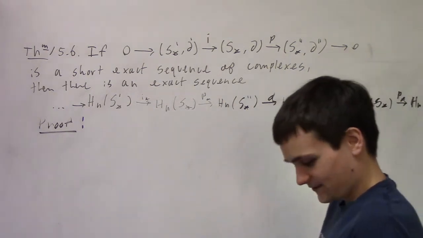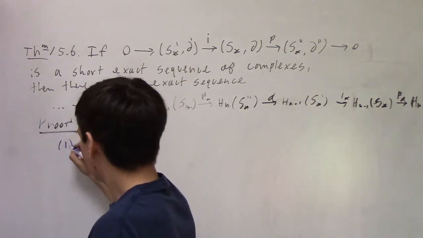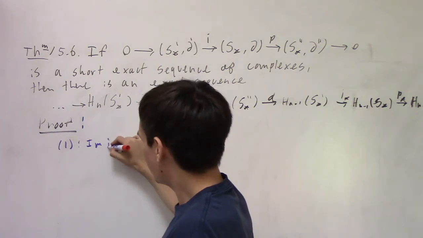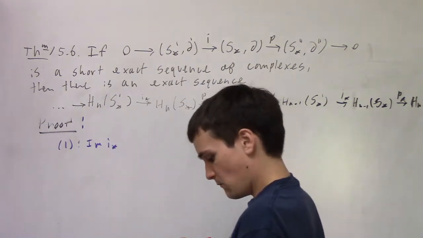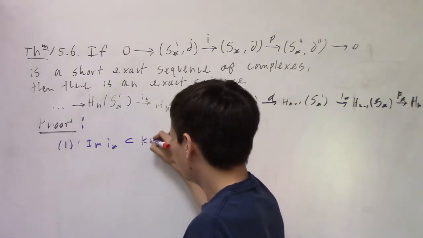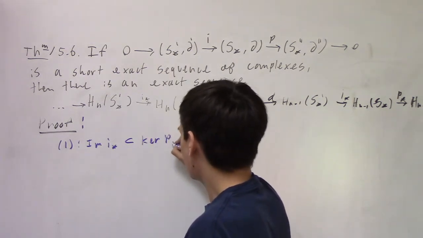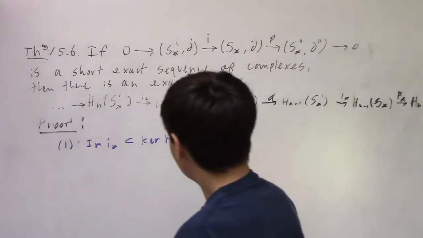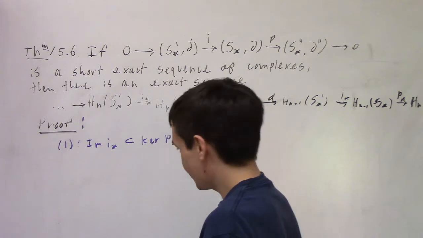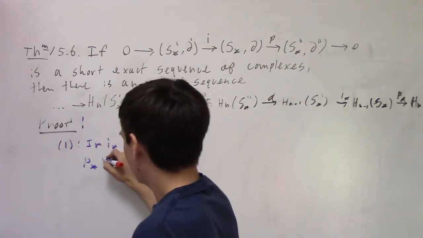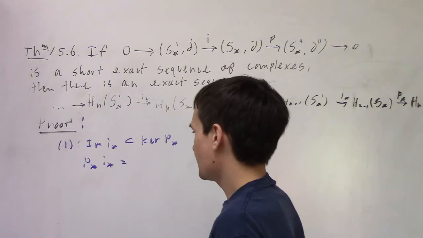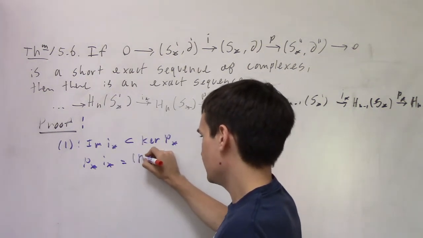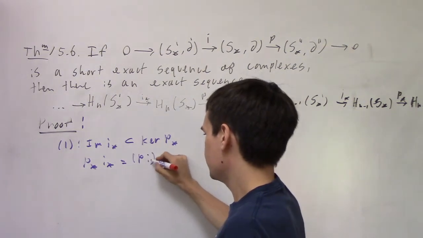So, first step, we need to show that the image of the homomorphism induced from I is a subset of the kernel of the induced map P. The map induced by P composed with the map induced by I, because this is a functor, is equal to the map induced by PI.